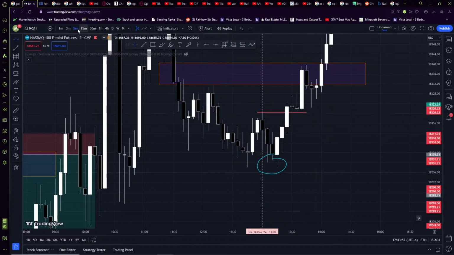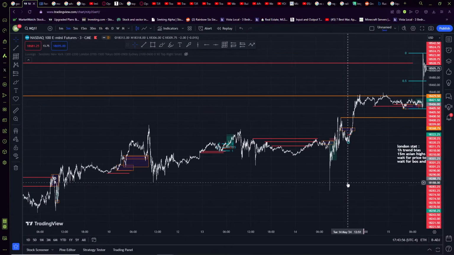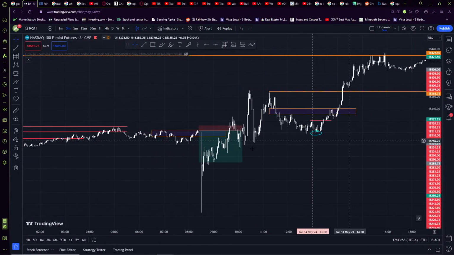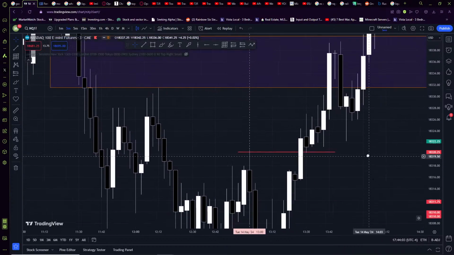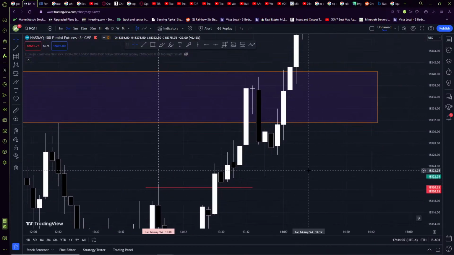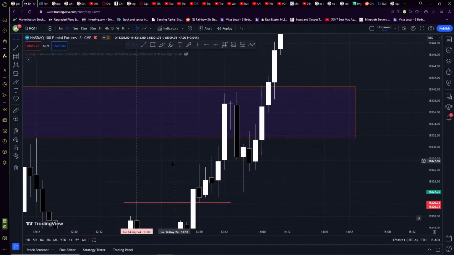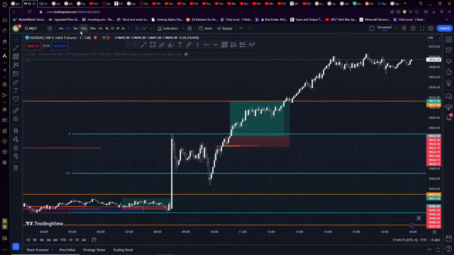Market structure shift. Okay, fair value gap, price doesn't tap it. Doesn't tap, doesn't tap. Accumulation will work, but still not really. And then we're out.